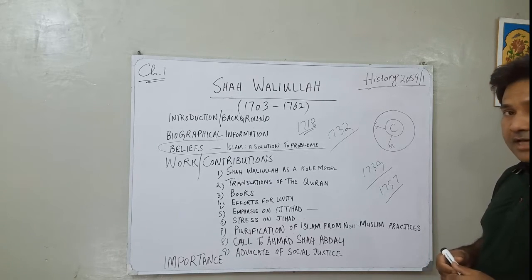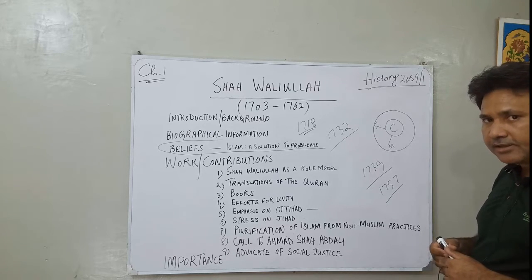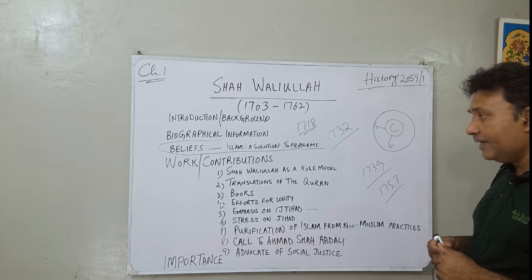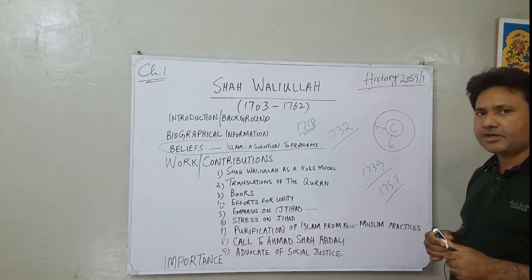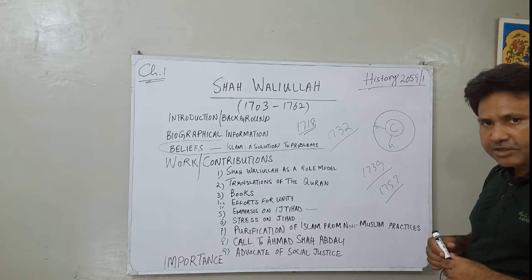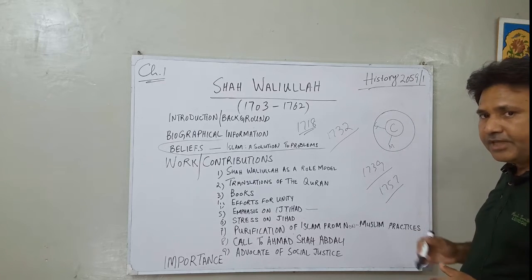He also faced criticism from the orthodox religious scholars of the time. They blamed that Shah Waliullah through his translation was trying to bring about new things into Deen. He was committing bid'ah.